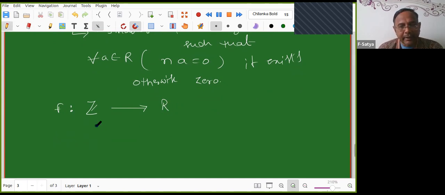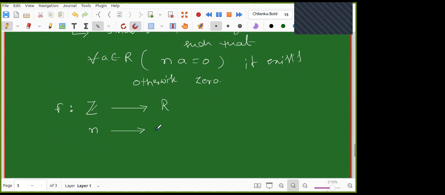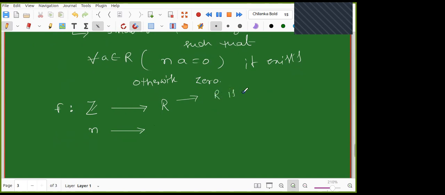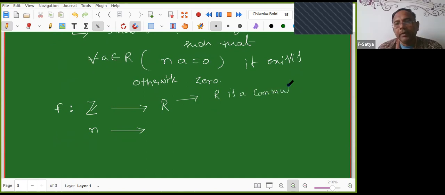So I will map n to n times 1. I'm assuming that R is a commutative ring with unity. n dot 1, very good.